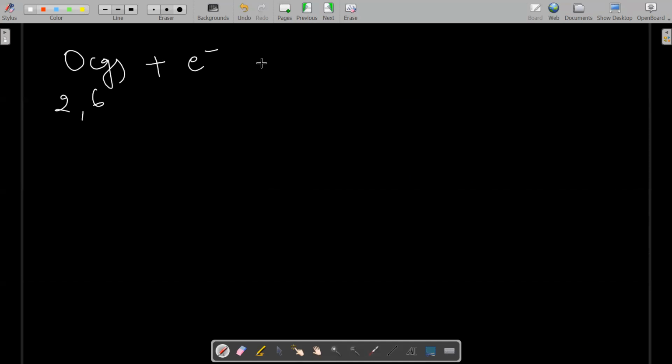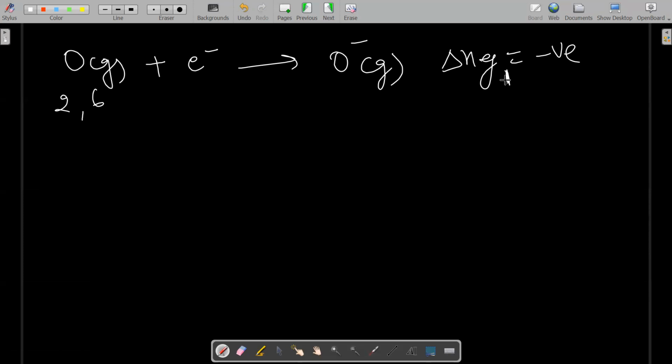The first electron is added to an isolated neutral atom and forms O minus, a gaseous anion. And this electron gain enthalpy value is what? Negative. Because the first electron is adding to a neutral atom. Or we can say this is the first electron gain enthalpy, which is negative. So this configuration becomes 2, 7.